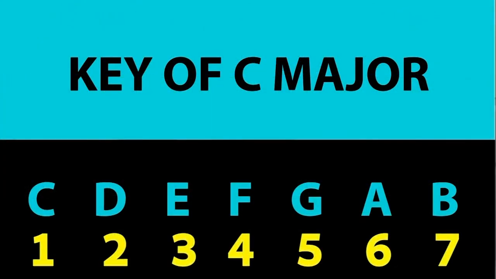So let's think about these scale degrees in the key of C major. If you think about it, E is the third note. It's the third interval away from the root, the tonic, the first note of the key. So that third interval is going to be the same.